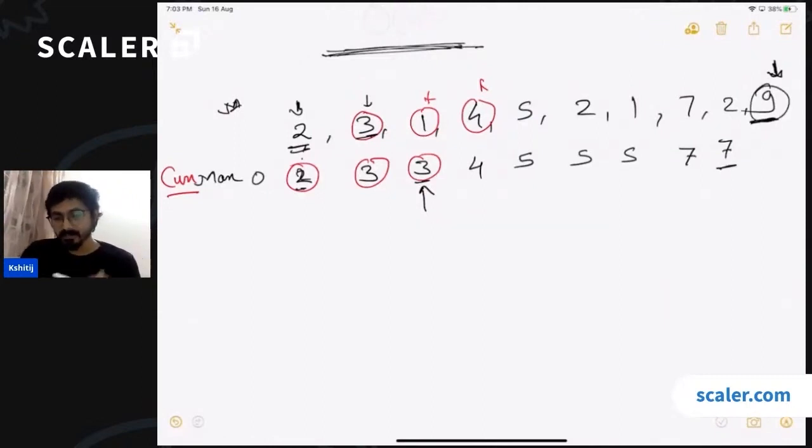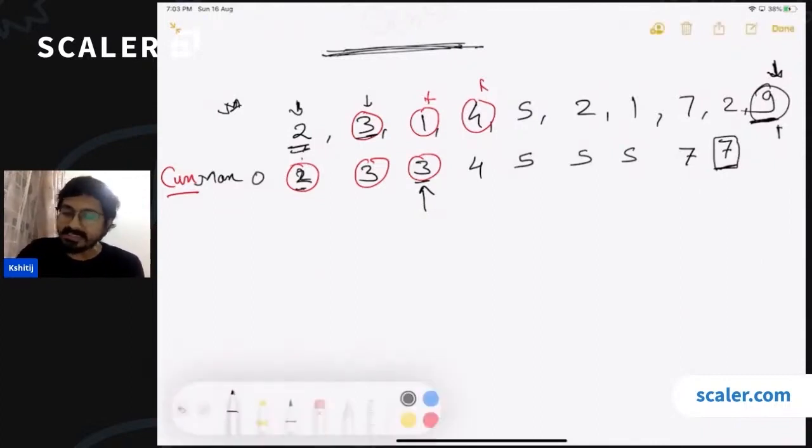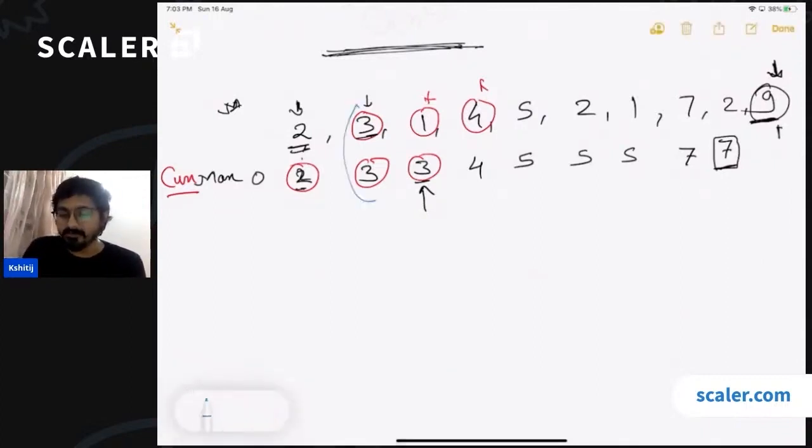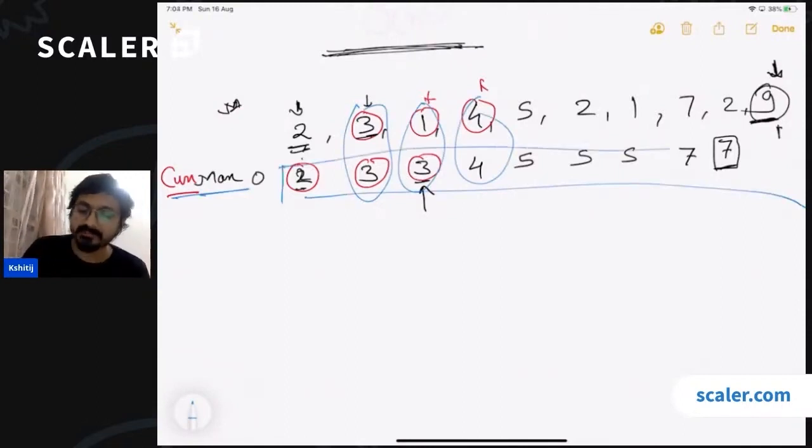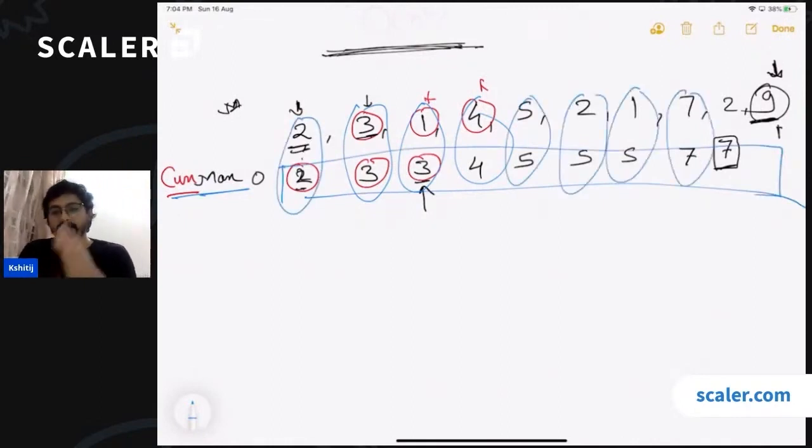Now in this process, if you have observed, what have we done? We have not only computed the max for the last bar, but we have also computed the left max for each and every bar. So if you store all these values in an array, instead of just keeping a variable of the current max, these values correspond to the maximum height on the left side for each and every index.